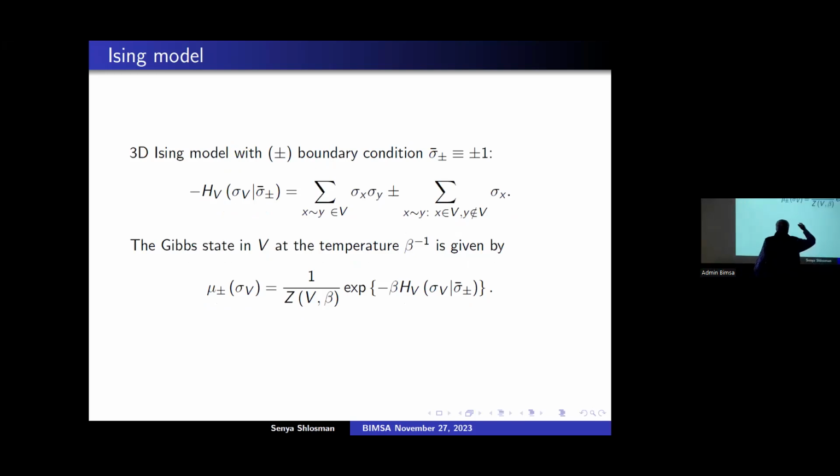Then I just fix those outside parameters to be all pluses or all minuses, and then I repeat the same thing. Let me denote specifically by mu plus and mu minus those two probability distributions which correspond to all pluses outside and all minuses outside. So this is again the same definition, but with the outside boundary condition prescribed.